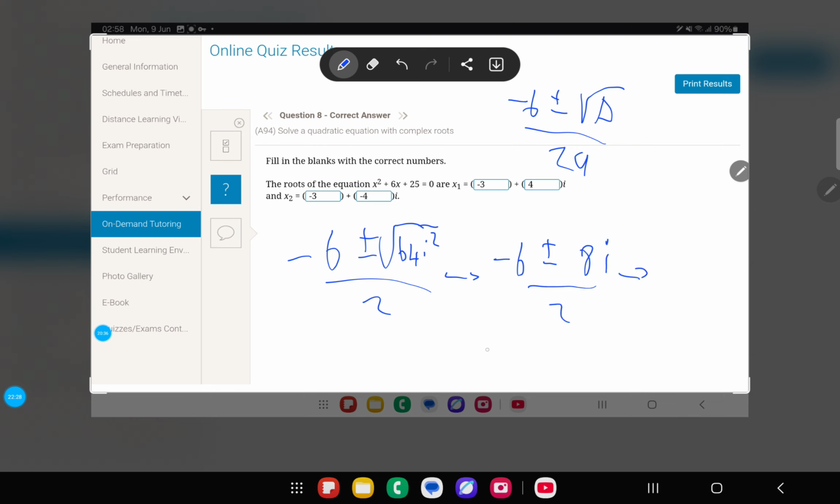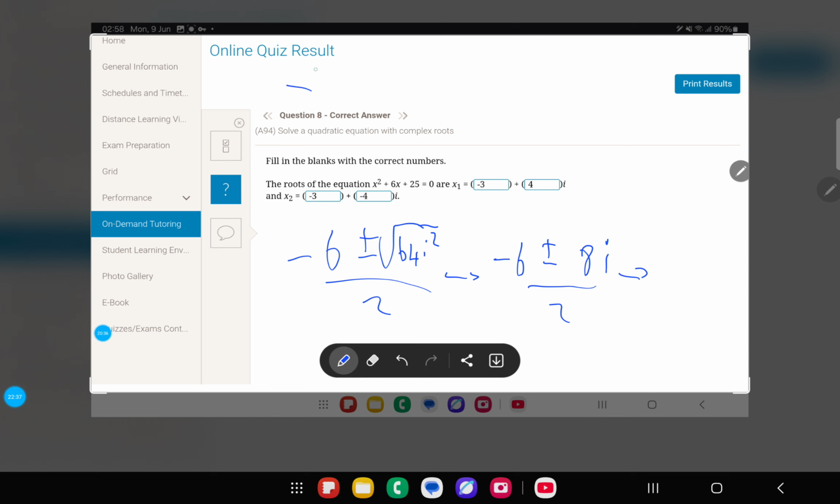Then we factor it, you get 2 times negative 3 plus minus 4i over 2.